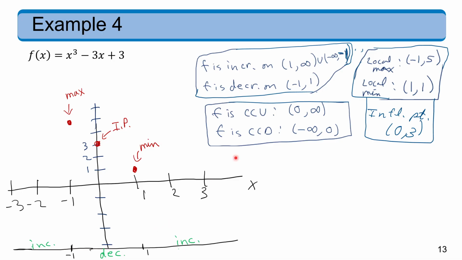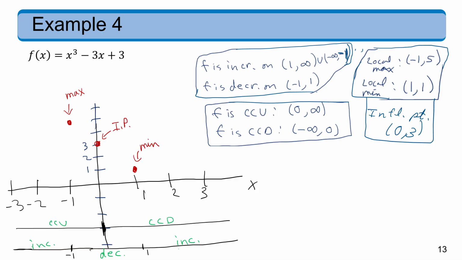So concave up to the right of 0, concave down to the left of 0. I'm going to put in another number line down here. And 0 was the dividing point. So to the left of 0 is where it was concave up. To the right of 0, concave down.